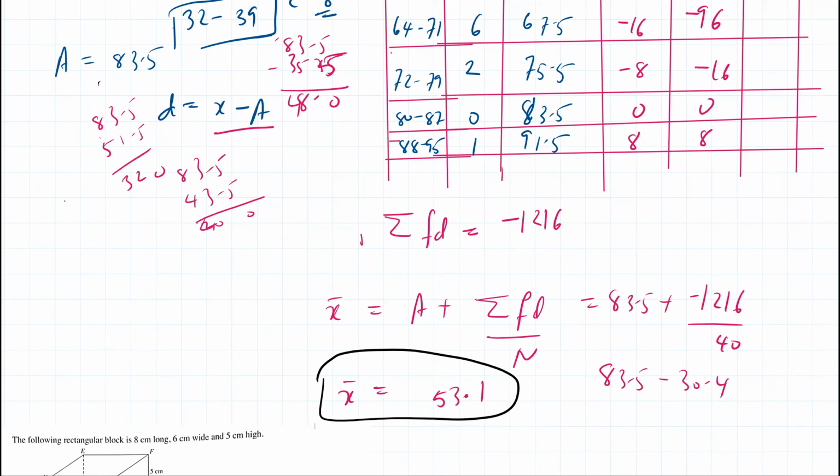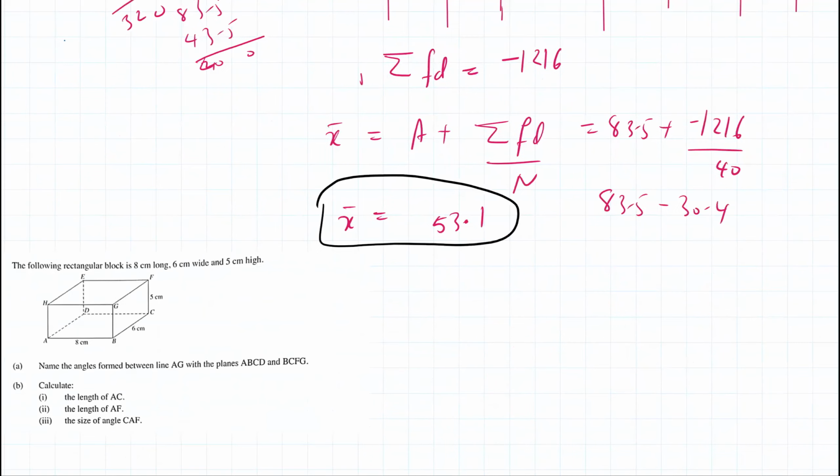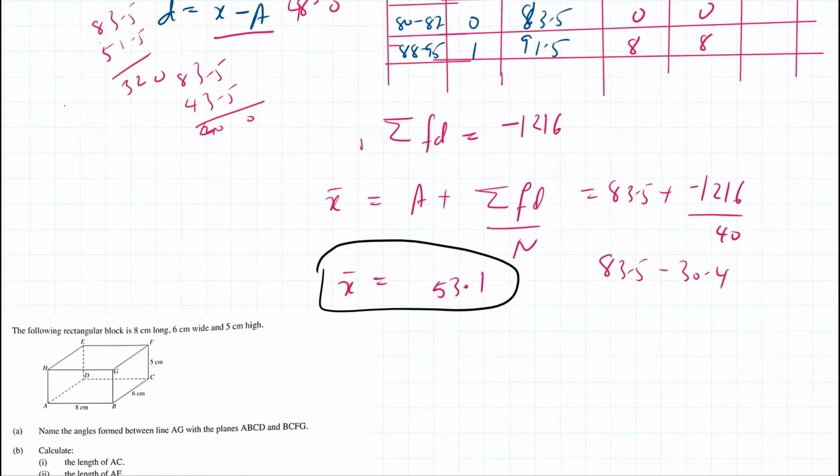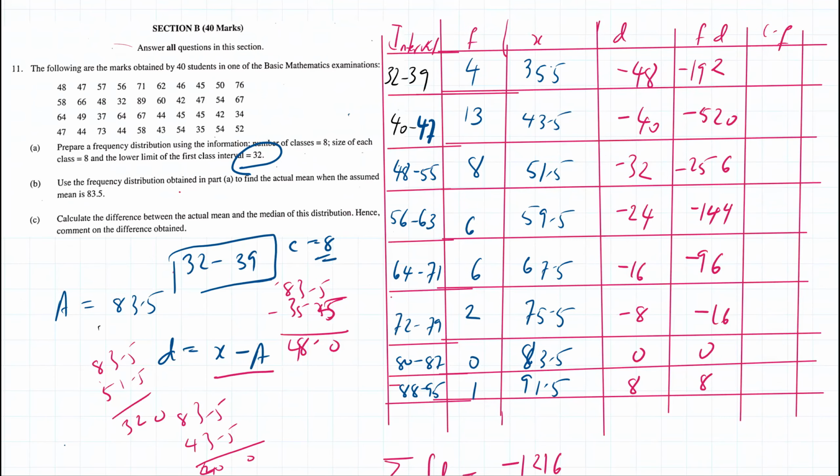Okay, we are going to continue. The second part: calculate the difference between the actual mean and the median of this distribution, hence comment on the difference obtained. So we have to find the median.